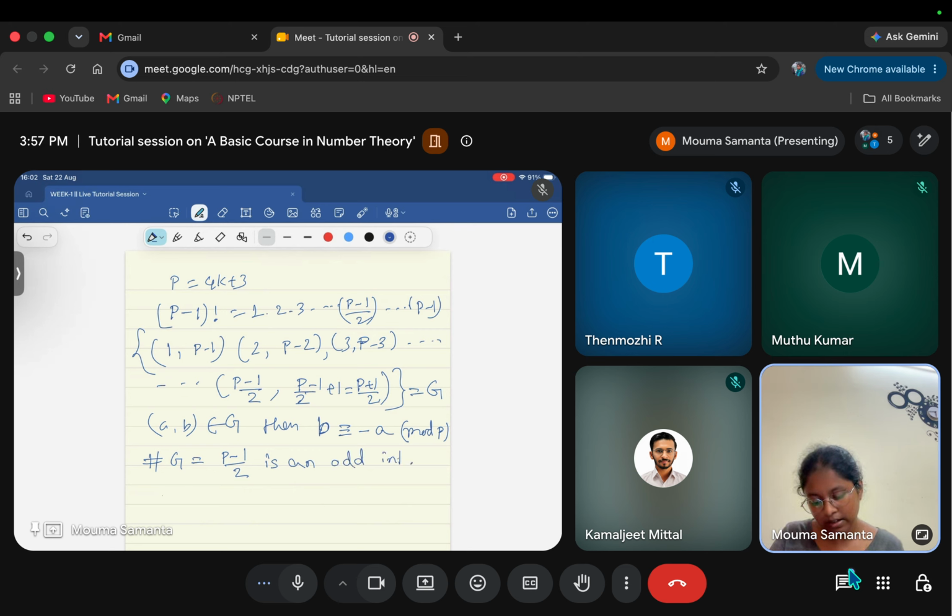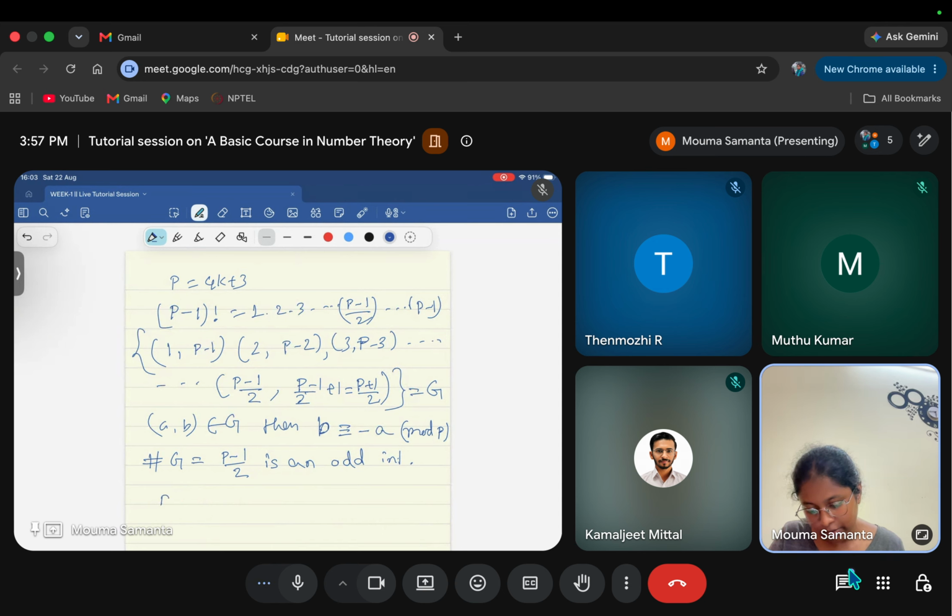So if we take the product of the first term from each of the pairs in G, we get p minus 1 by 2 factorial. Now take the product of the second term from each of the pairs in G, then what will you get?